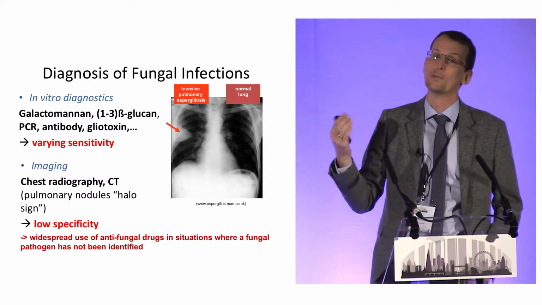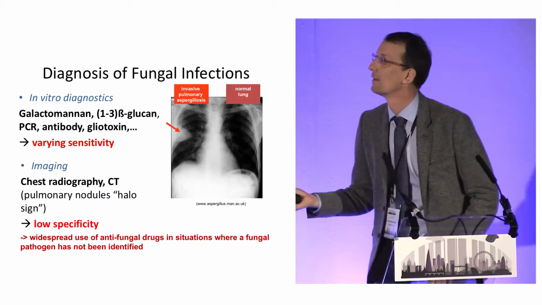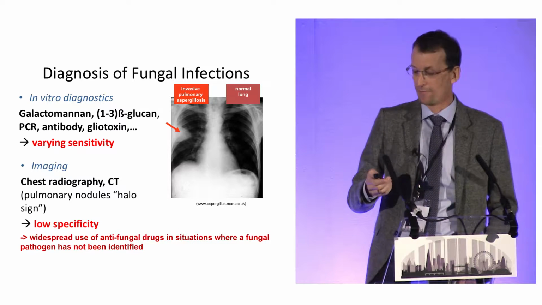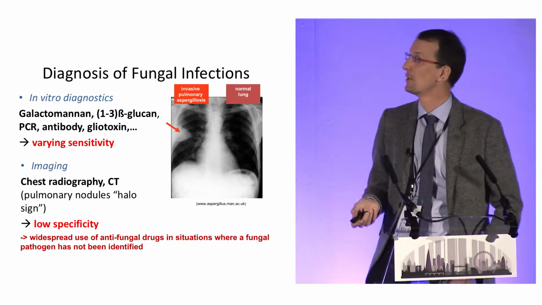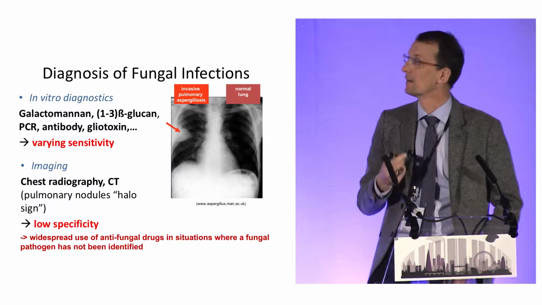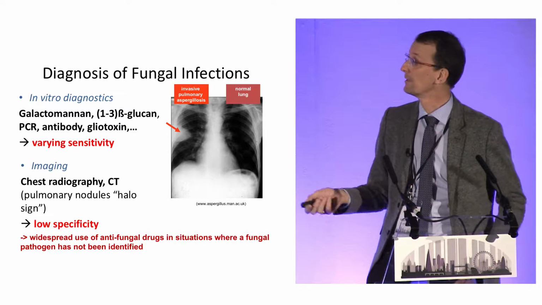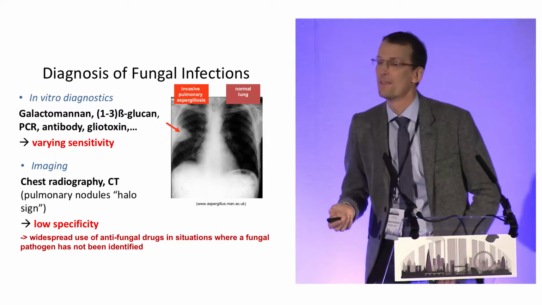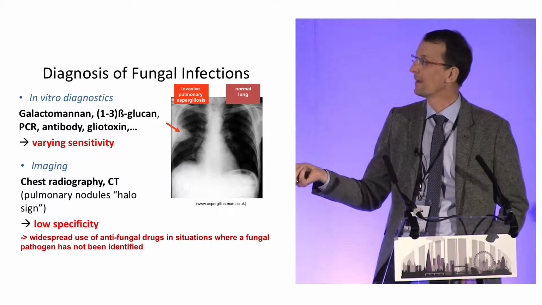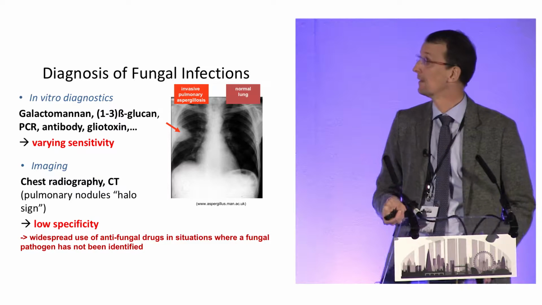And we have the possibility of trying to image invasive fungal diseases, particularly aspergillosis. Here we have just radiography, but particularly CT with the characteristic halo sign, which again has a low specificity.